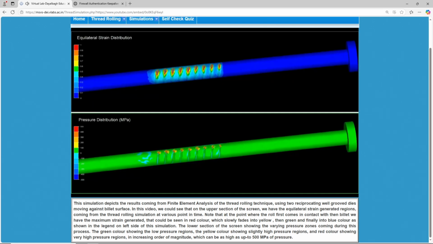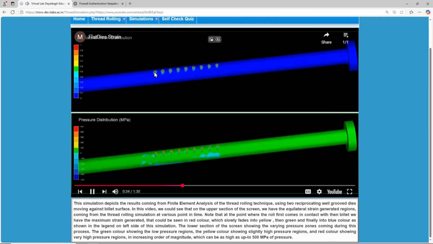We note that at a point where the roll first comes in contact, the maximum strain is generated. You can see here the maximum strain is generated at the points where it is coming in contact, which slowly fades into yellow, then comes down to green, and finally into blue color. The legend is showing the strain that is happening in the initial contact. The strain is high, then slowly the strain becomes lesser.